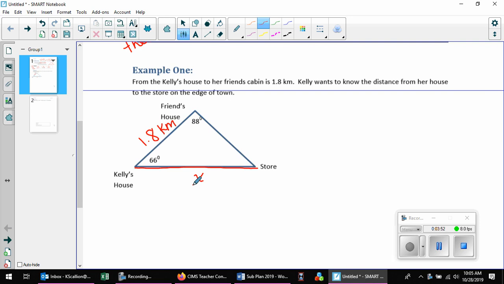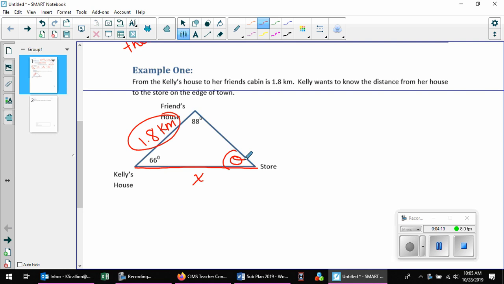Now, there's also something else that you know about triangles. All the interior angles add up to 180. So really, I have this side, so I need this angle.